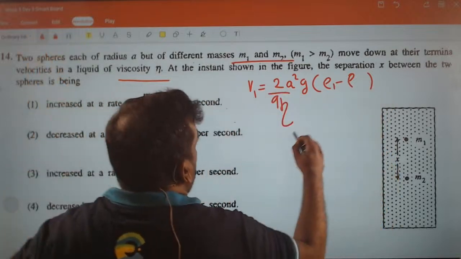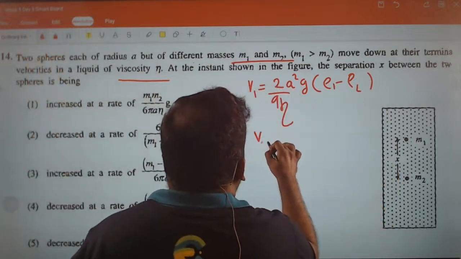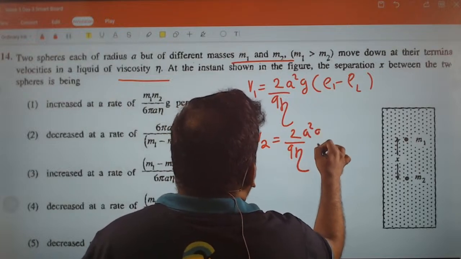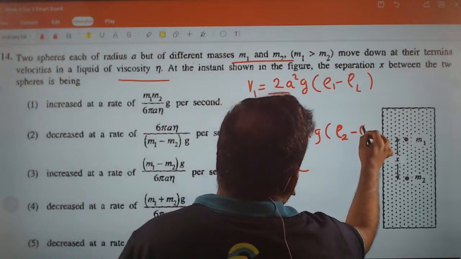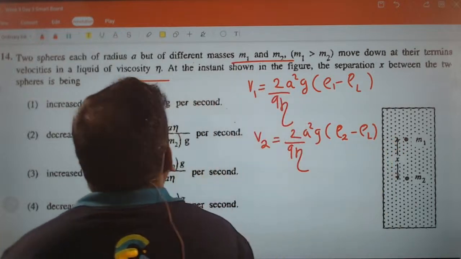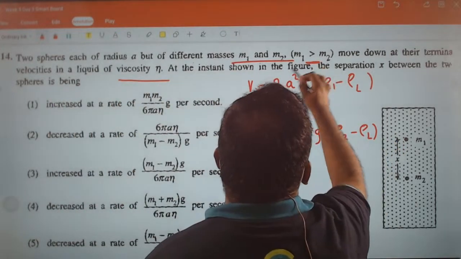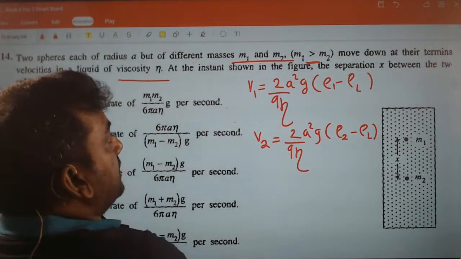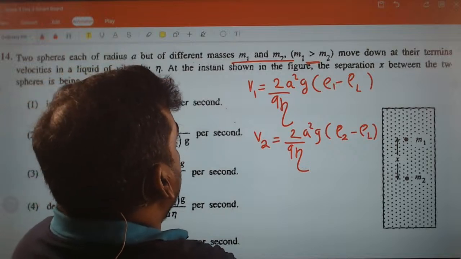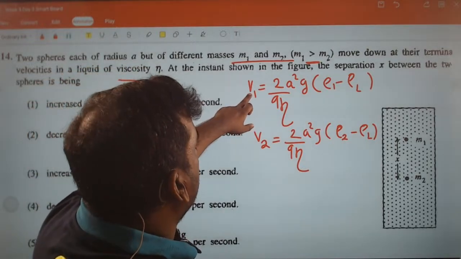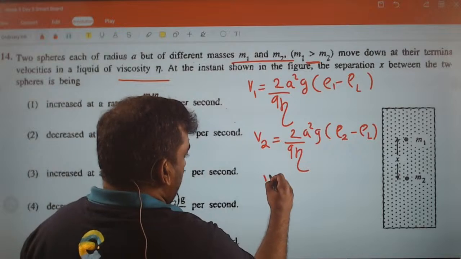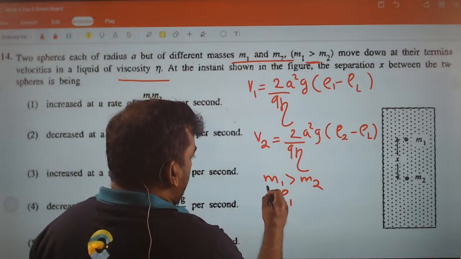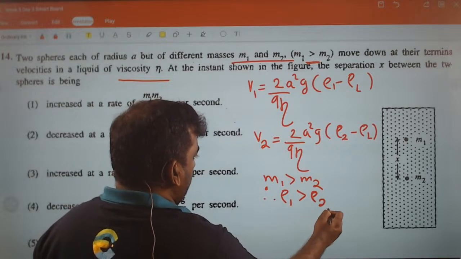What about v2? 2/9 eta a squared g, rho 2 minus rho l. M1 is larger than M2, so the density is greater, and v1 has a greater terminal velocity. M1 larger than M2 means rho 1 is larger than rho 2.